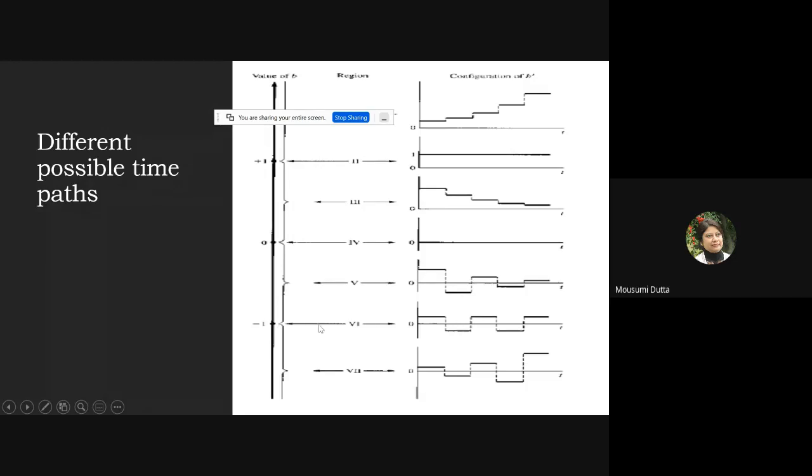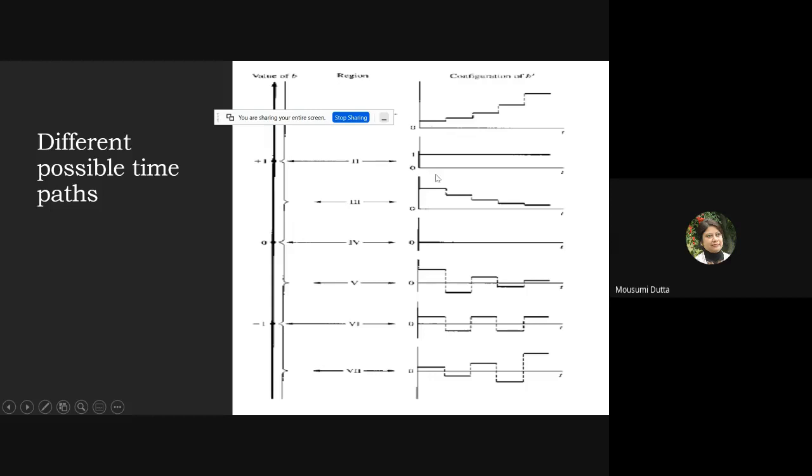When the B value is minus 1, you are getting uniform oscillation. When the mod B value is greater than 1, so it is crossing the minus 1 limit, in that case you are getting explosive oscillations.